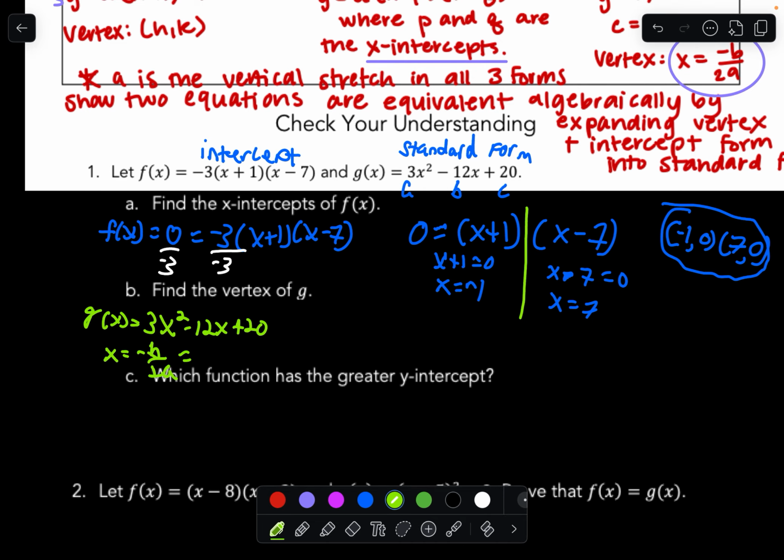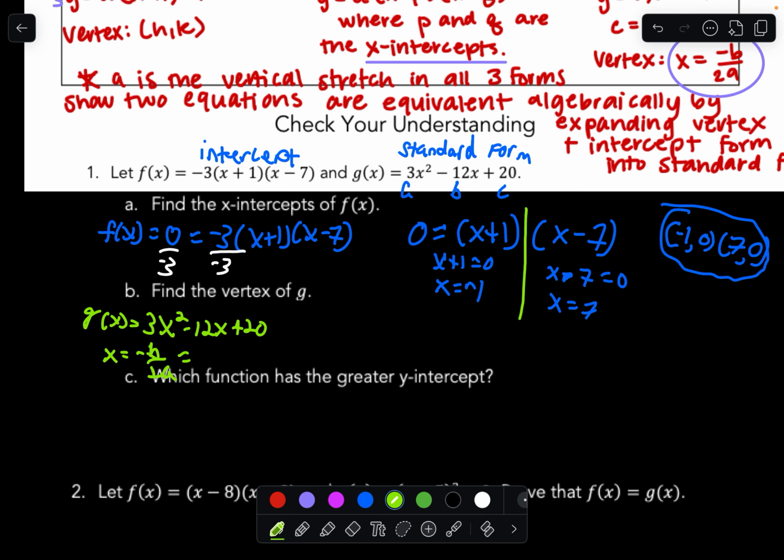So it's the opposite of b. B is negative 12, so the opposite of negative 12 is 12 divided by 2 times a, and a is 3. So it equals 12 divided by 6, which is 2. We have the x value of the vertex. Now, to find the y value, we just have to evaluate g at x equals 2.